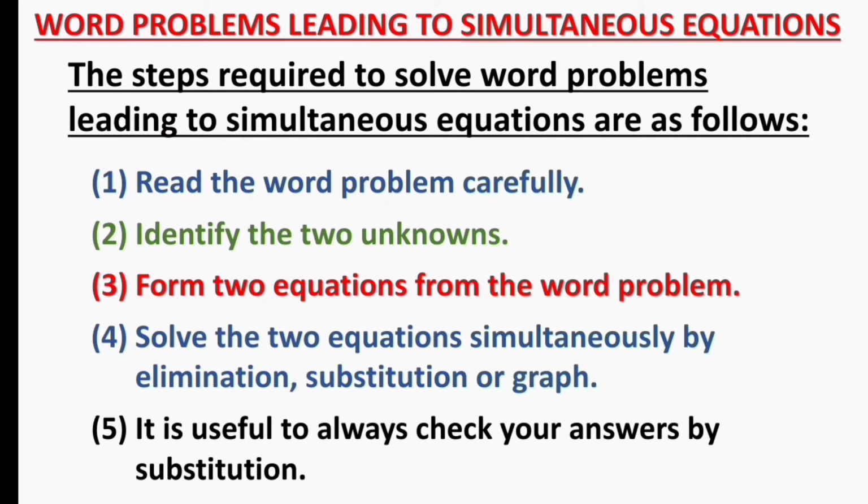Form two equations from the word problem. Step 4. Solve the two equations simultaneously by elimination, substitution, or graph. The last step, step 5. It is useful to always check your answers by substitution. Please take note of these steps required to solve word problems leading to simultaneous equations.